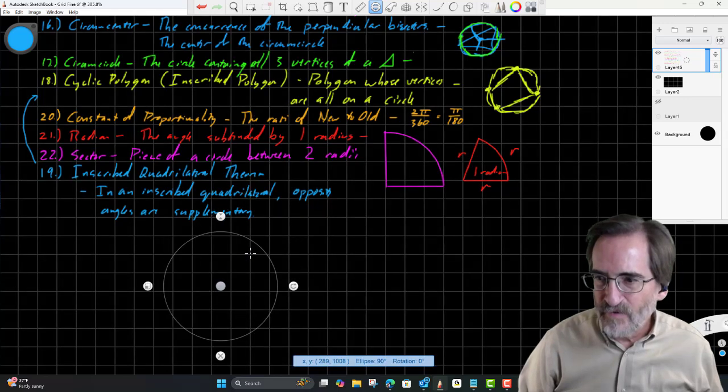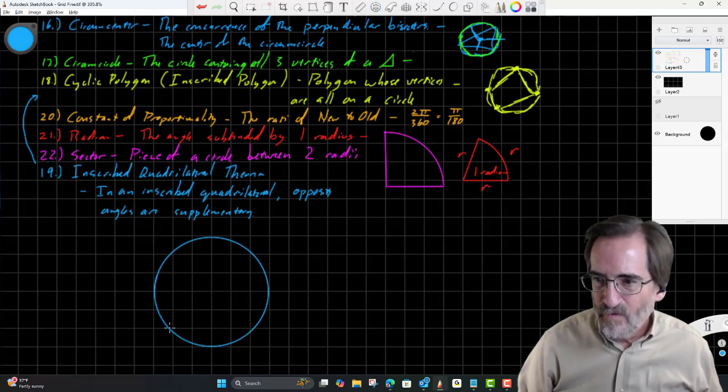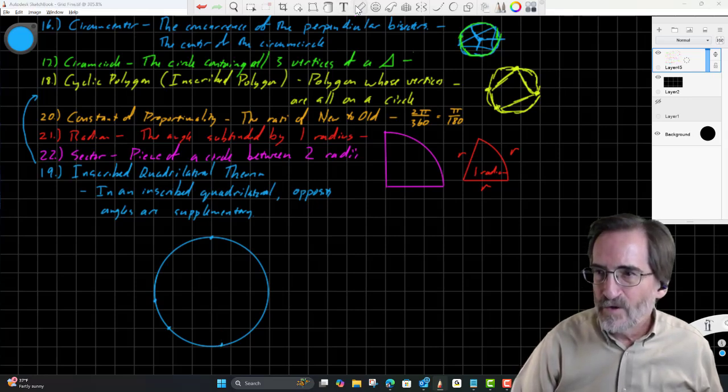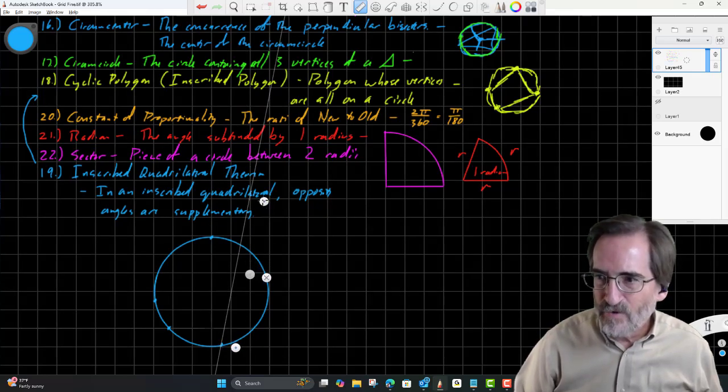So let me give you an example. So we've got a circle, 4 points on the circle. 1, 2, 3, 4. Anywhere on the circle. They don't have to be evenly spaced or anything. So we've got a quadrilateral.